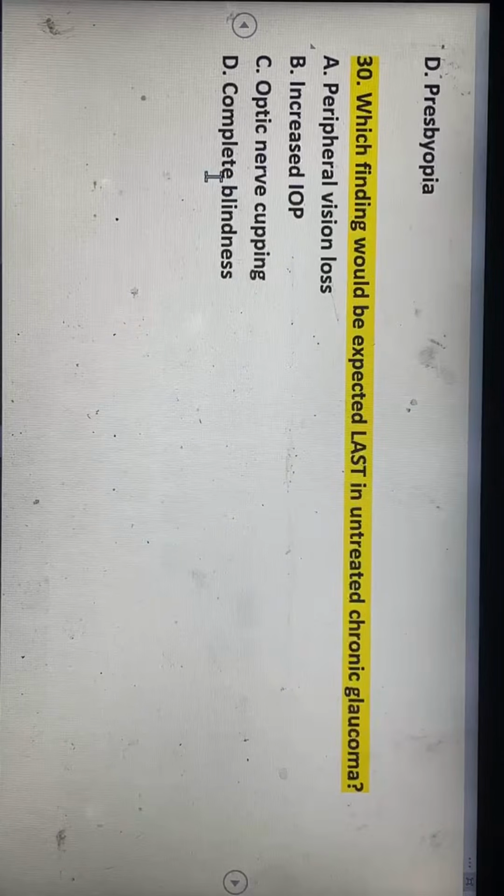Number one, what is the normal intraocular pressure of the eye? Number two, what will be damaged that will lead to blindness? Number three, what is gonioscopy used to examine? Number four, what is the work of tonometry?